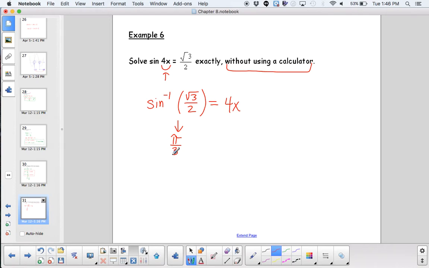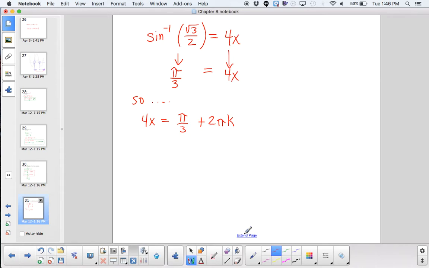And now we need to bring down the 4x in this case. Okay. So the solution, as long as this is 4x, is pi over 3. So what does that mean? Means a couple of things. First of all, we know that 4x is equal to pi over 3 plus the 2 pi k, because there are infinitely many solutions there.